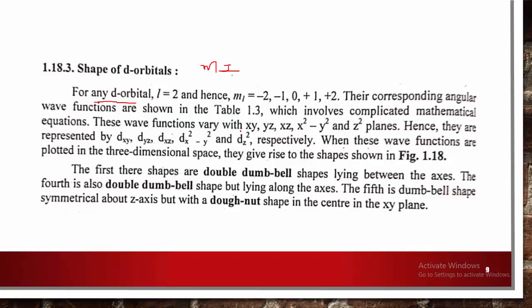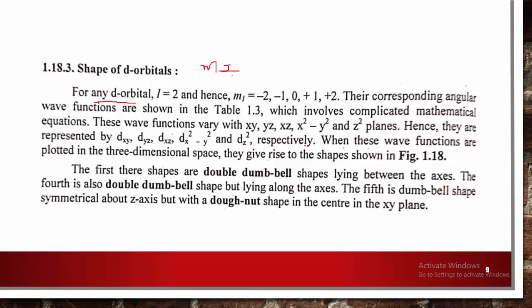These wave functions vary with five different planes: the xy plane, yz plane, xz plane, x square minus y square, and z square. Hence they are represented by dxy, dyz, dxz, dx square minus y square and dz square.